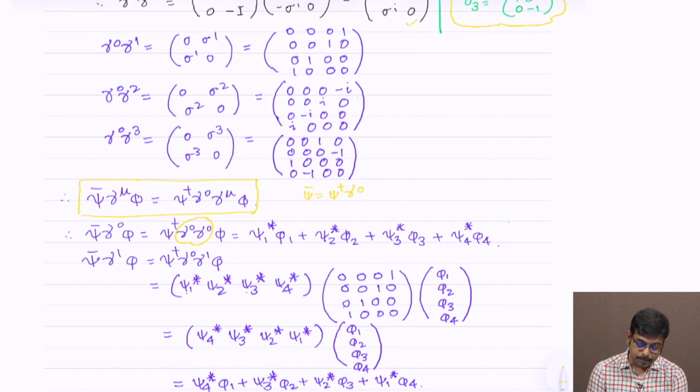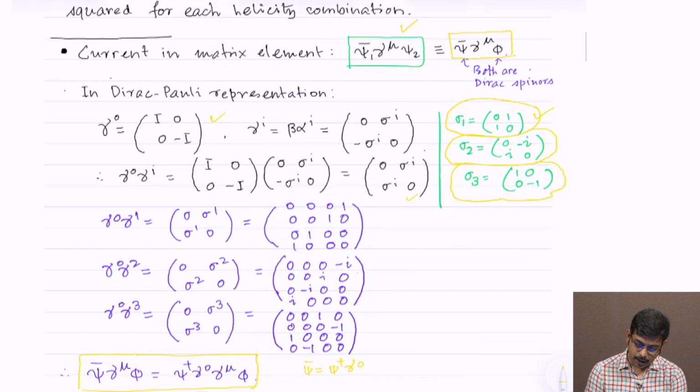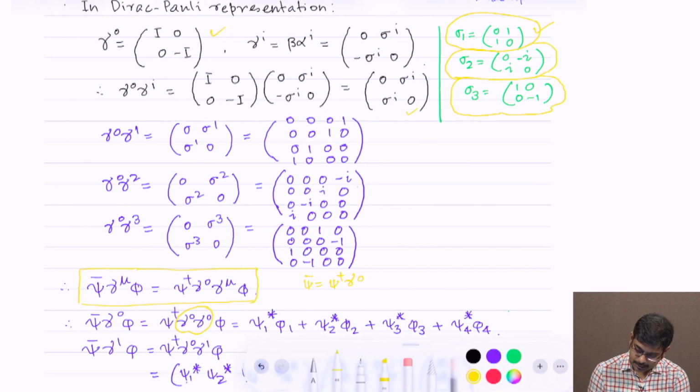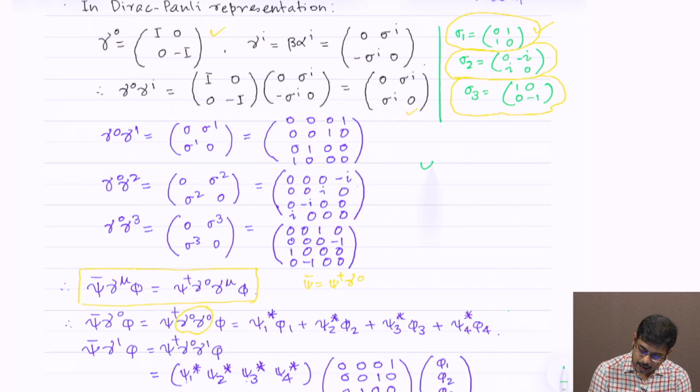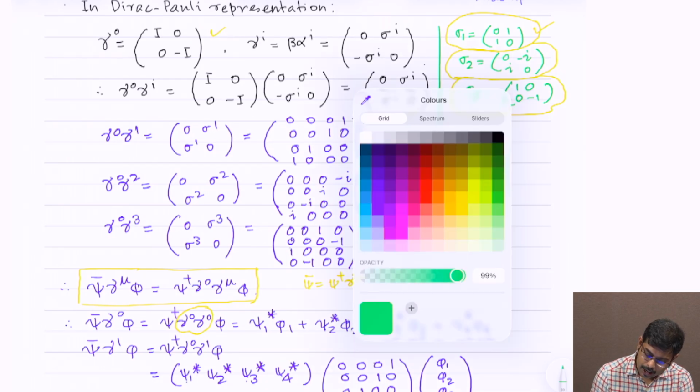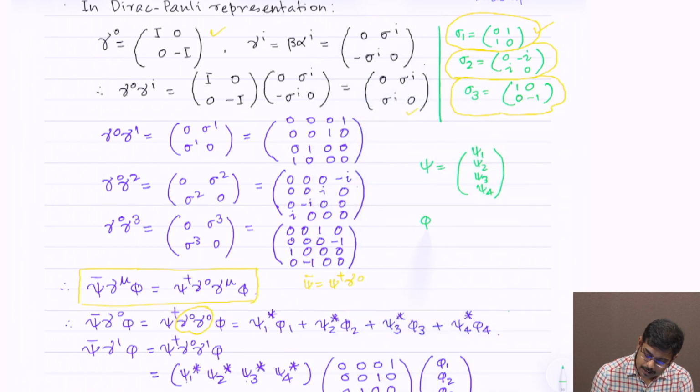So, then this will simply become psi dagger phi. Just assume that psi has 4 components, so let us write them: psi is assumed to have 4 components in the spinor. This is psi 1, psi 2, psi 3, psi 4, and phi also has 4 components, phi 1, phi 2, phi 3 and phi 4, both are Dirac spinors, correct.